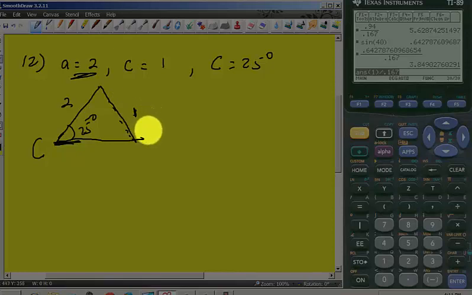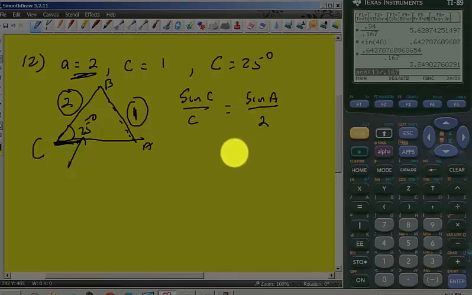So that's side A, then this has got to be angle A, and that's got to be angle B. Since I know side C and angle C, I'm going to go sine of C is to C, and since I know side A, it's going to be sine of angle A is to side A, because I can't use angle B or side B. Side B, angle B and angle A I have to find because they're all missing.